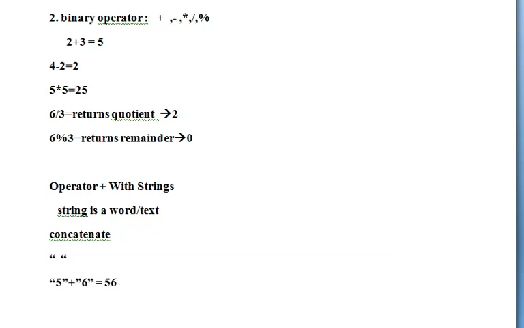If I write 5 plus a, it will give you the output as 5a.